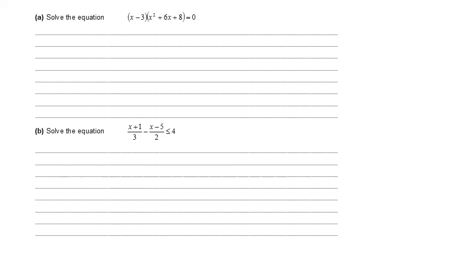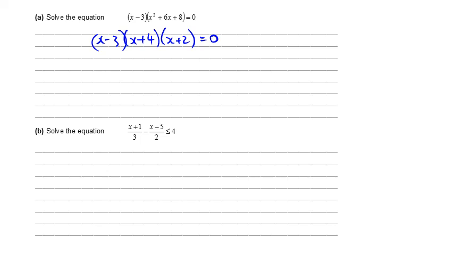Solve the equation. This is something that you could be asked to do because you should be able to factorize that second bracket. x minus 3, x plus 4, x plus 2 equals 0. So all I have done here with that second bracket is factorize that second bracket.